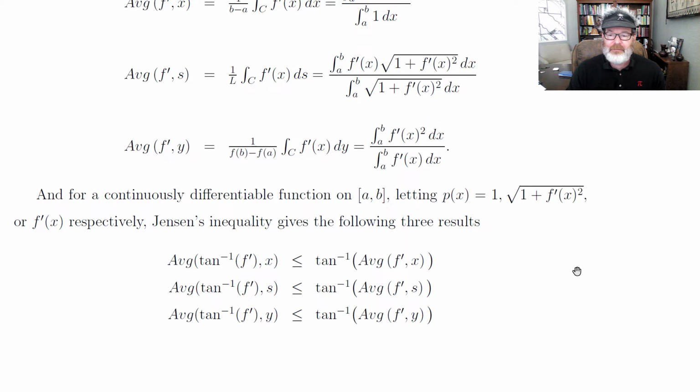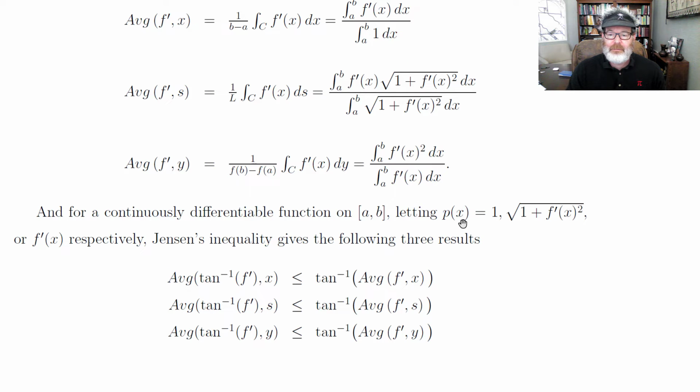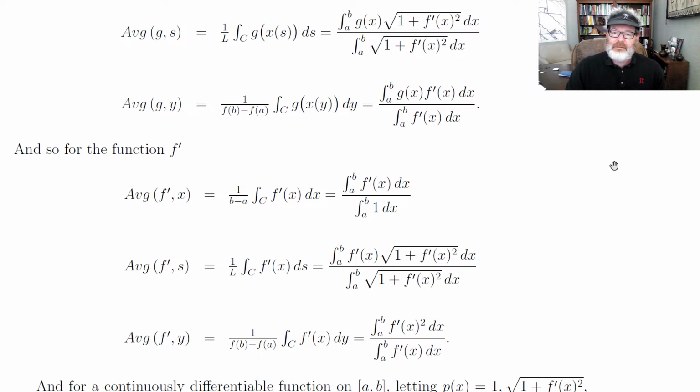So that's what came out. And again, it was Jensen's inequality with p equal to 1, and then this and this. So Jensen's was perfectly made for what I wanted it to do there.